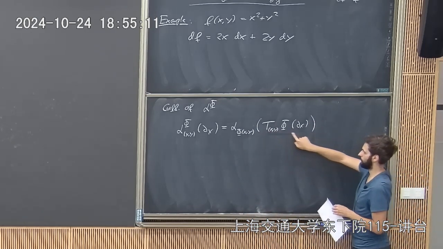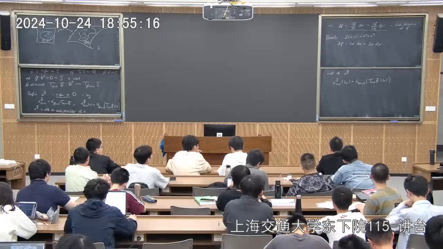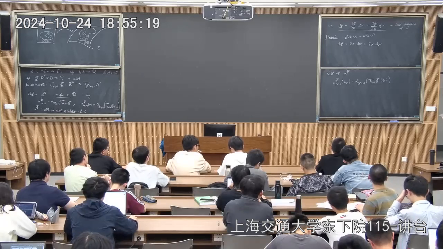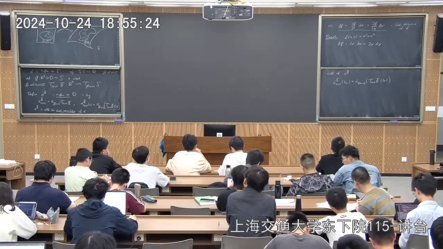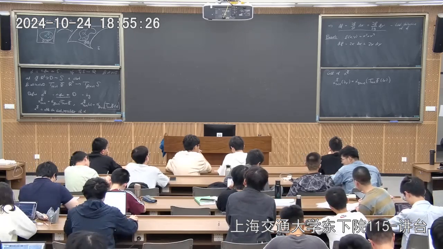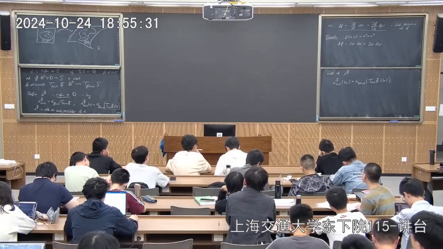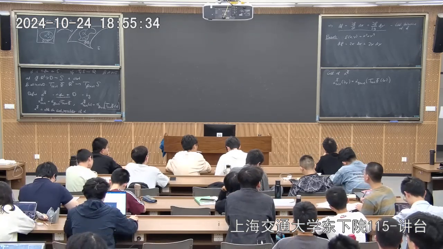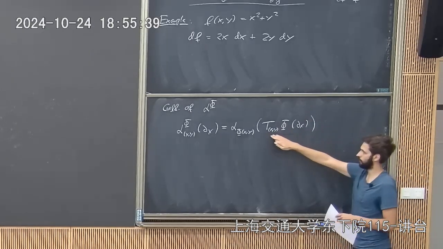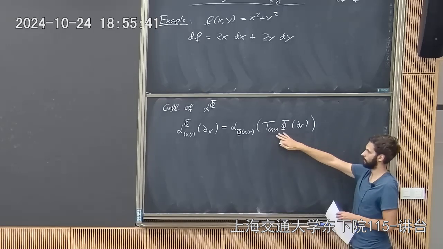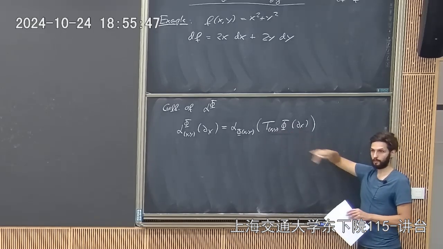You can already think about what this was. If you remember, two weeks ago, we talked about how the linearization of this map is essentially given by the Jacobian.